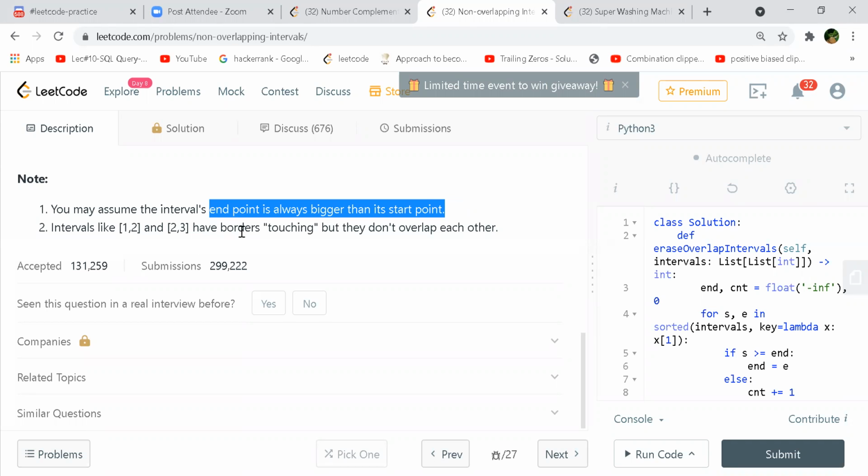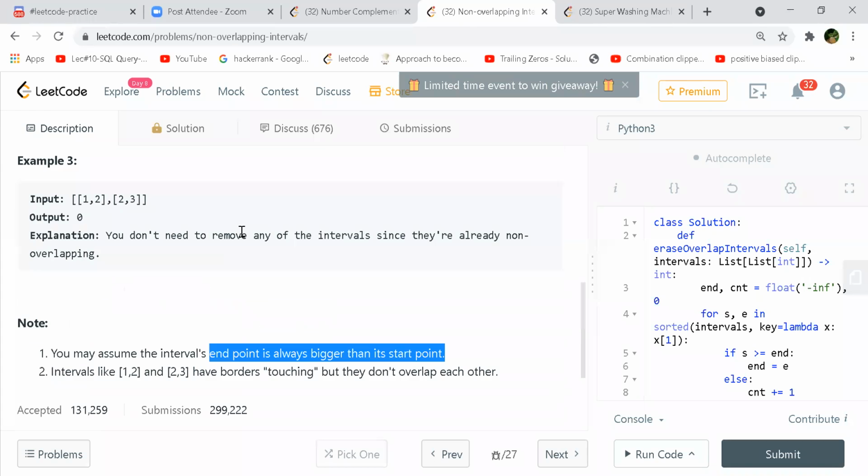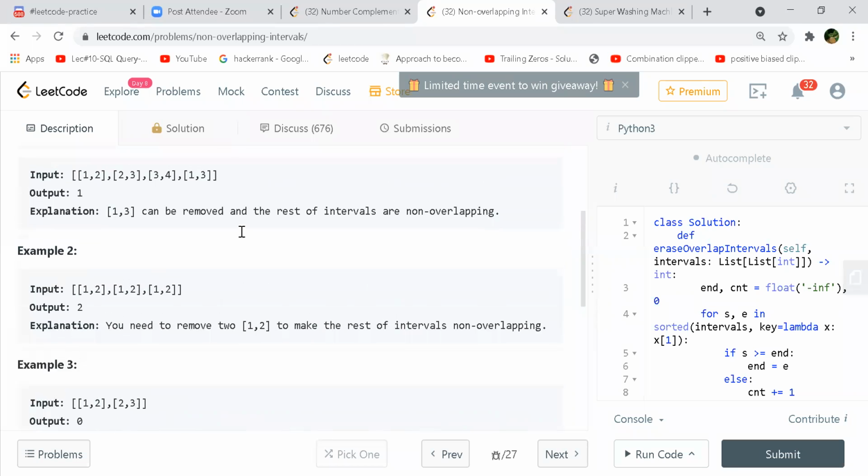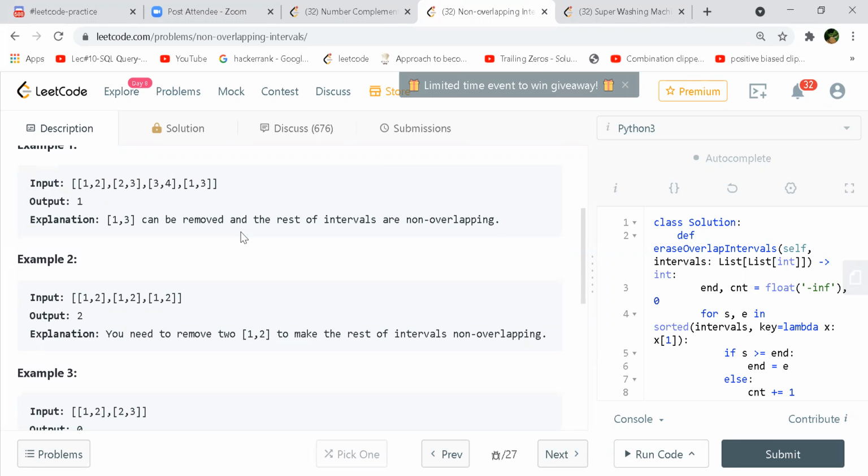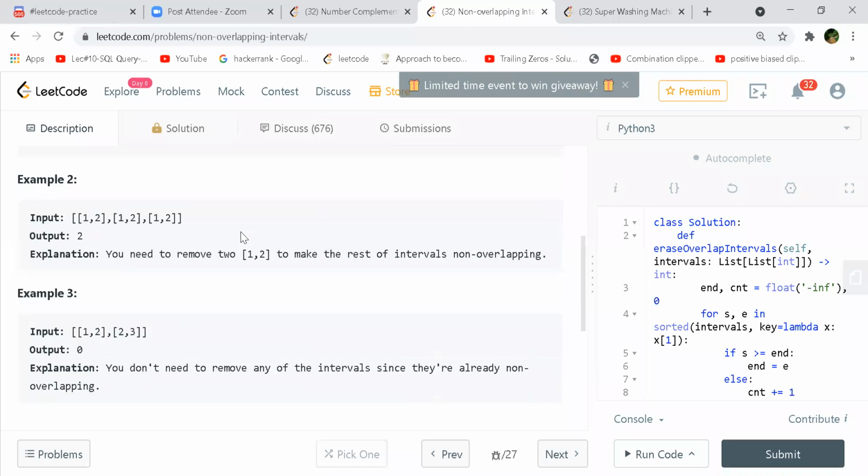So now, if we have to do it, what you suggested earlier was sorting, correct? Based on the end value. Because once you know that this line is finishing at this point, and another starting point is there, we can easily check whether it will overlap or not. So in the case when two values are the same, like if we take an example, and there is no such example because example two is also the same thing.